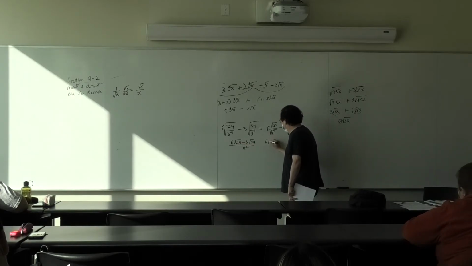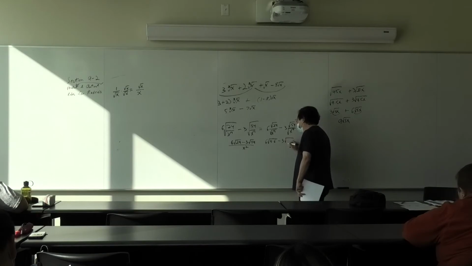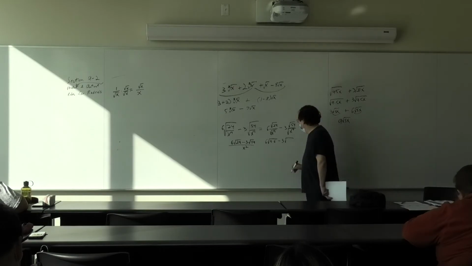This is 6 times the square root of what? 4 times 6 minus 3 times the square root of 54. Anybody can factor 54: 9 times 6.